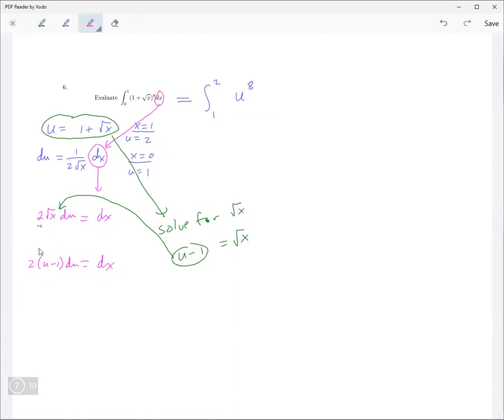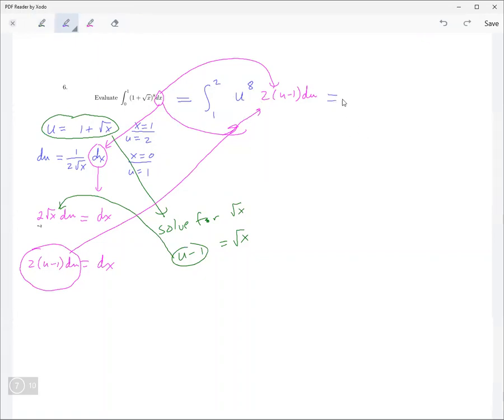And then this one goes in for the dx. So we have a du, everything's u's, no x's, and so we can go ahead. And then also, you got this, so pull the 2 all the way out in the front. And then u to the 8th times u minus 1, that's going to be u to the 9th minus u to the 8th.